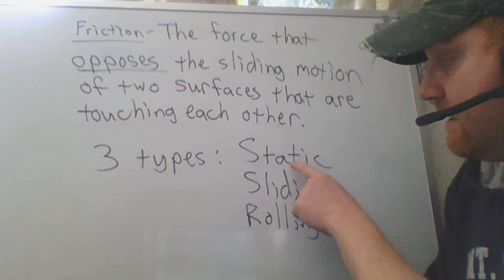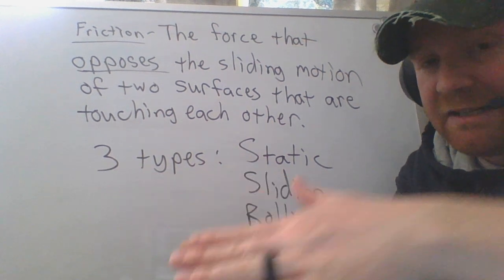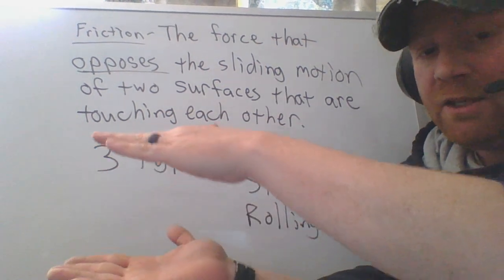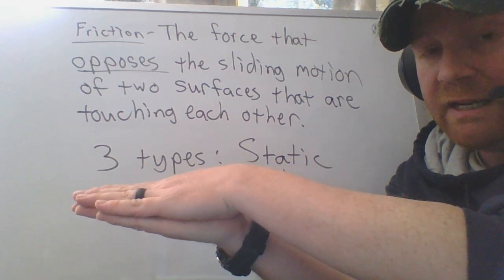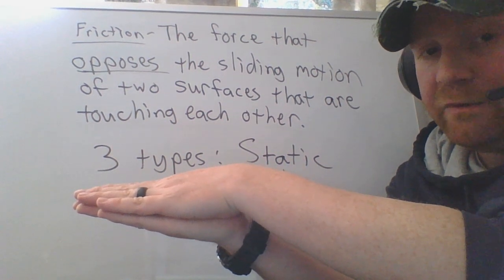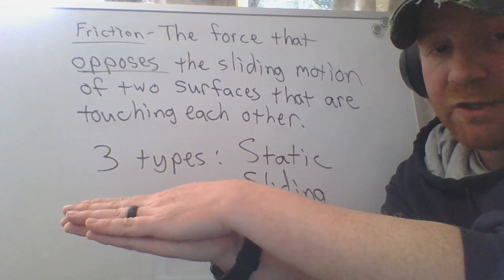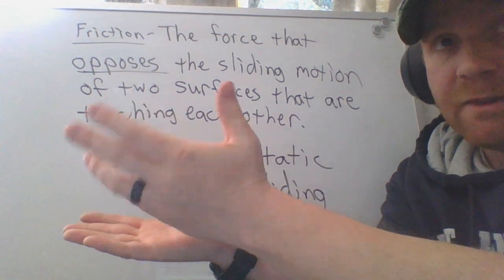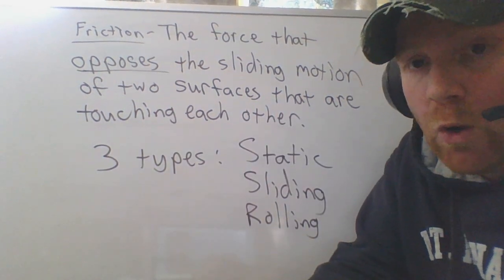The first is static friction. I'm going to use my hands as an example here. Anytime you have two objects in contact with one another, even if they are not moving, they are going to encounter static friction. Think of the smoothest surface you can, whether it's glass or a mirror.